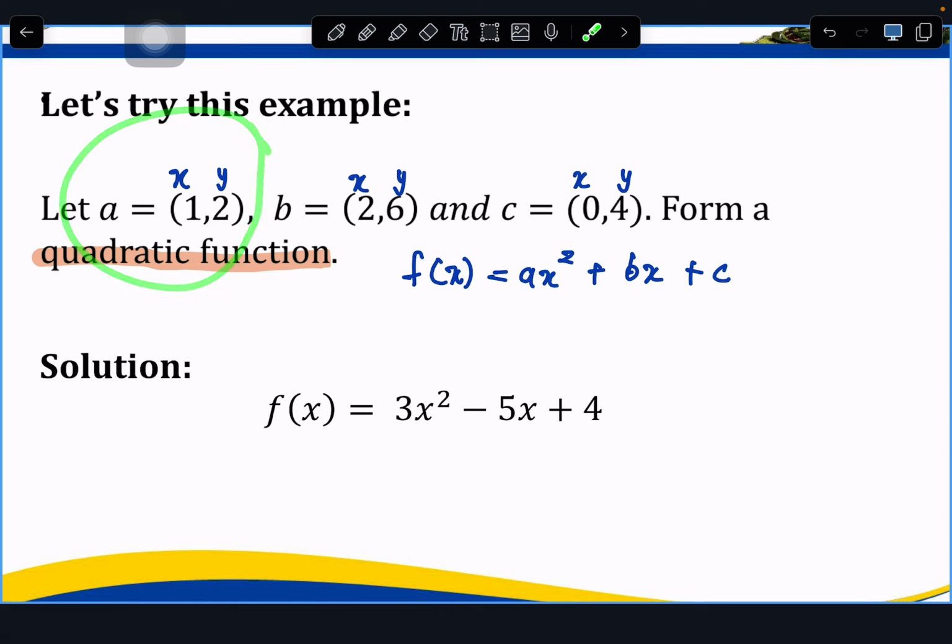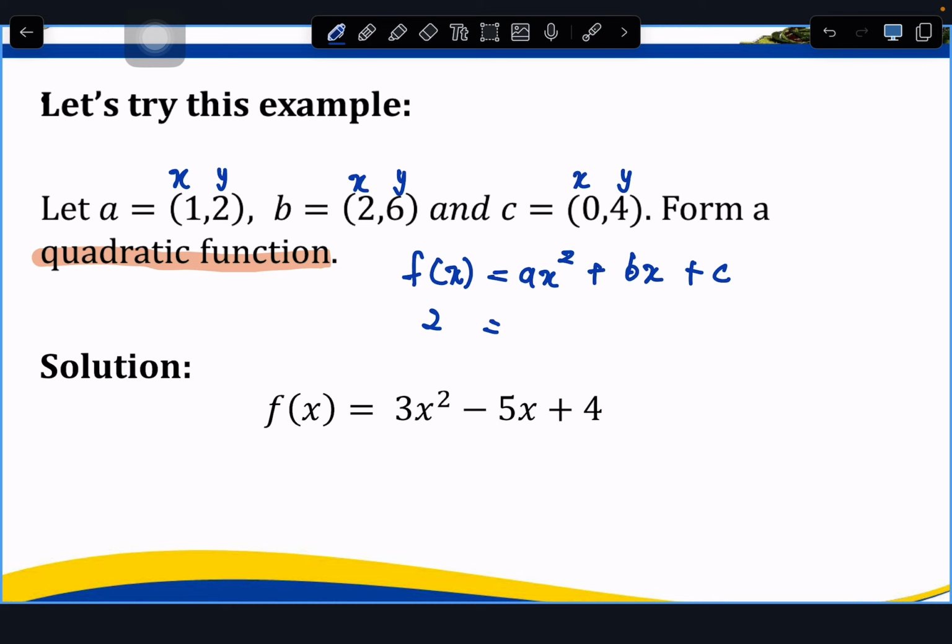Let's look at this point. How do we use this point with this function? What do we do? Substitute, or masukkan. So when you substitute, what do we have here? What is f(x)? y. What is our y? 2. And what is our a here?